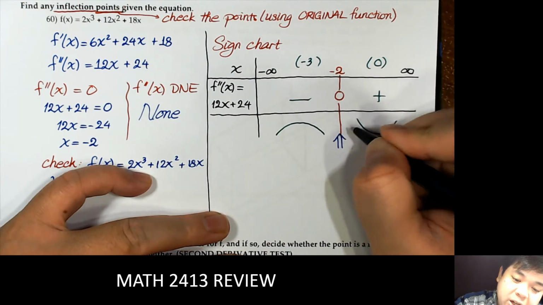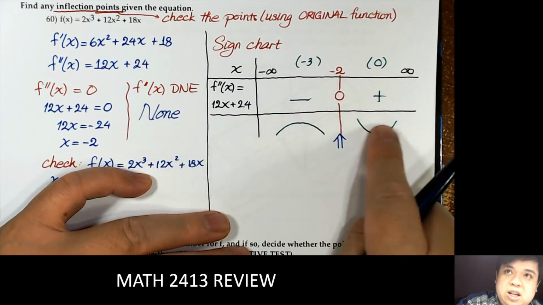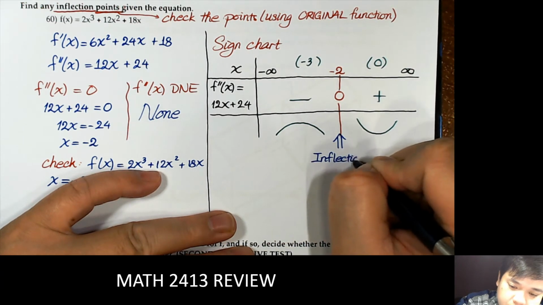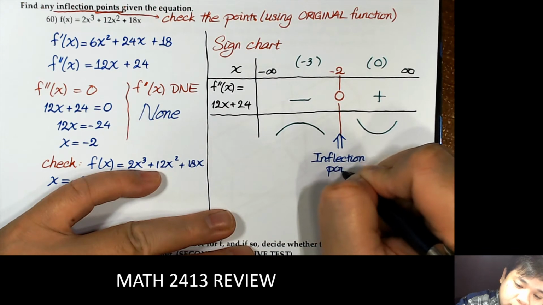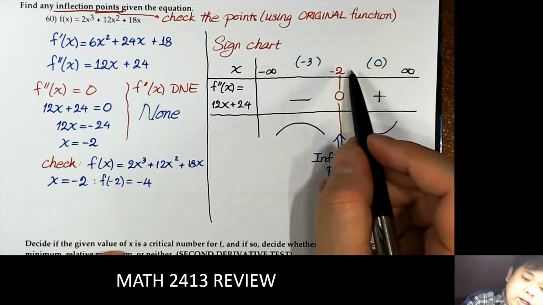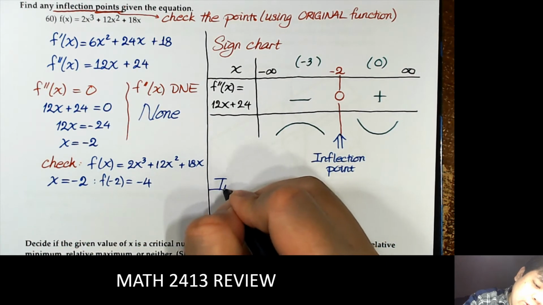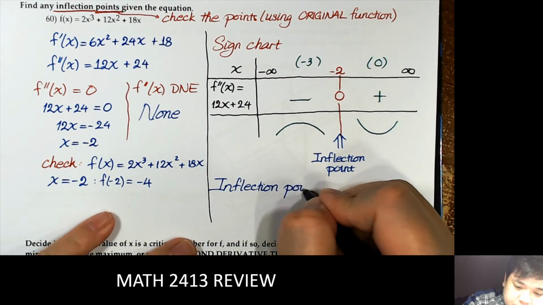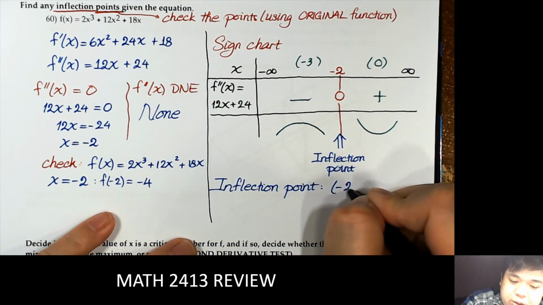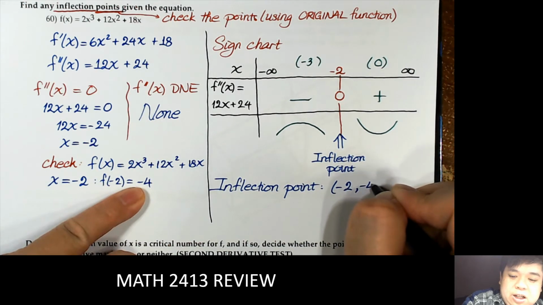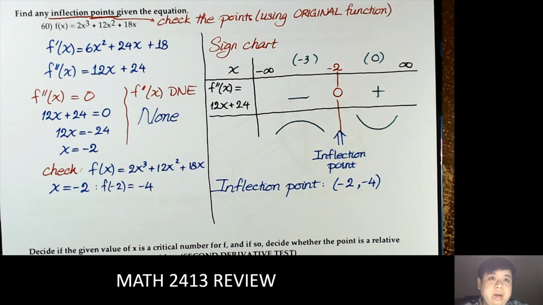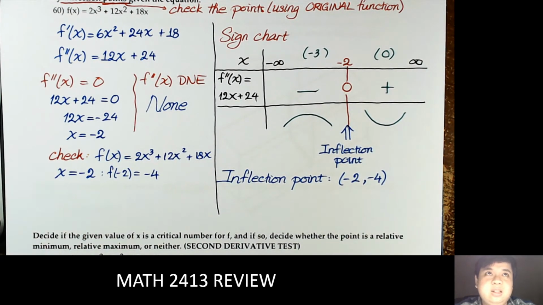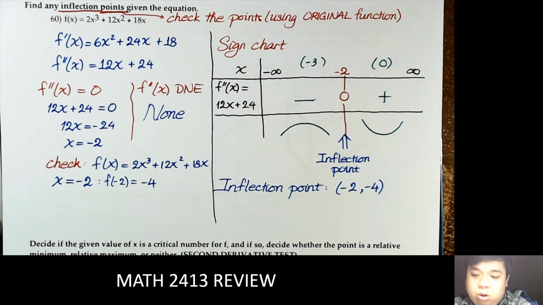So there is an inflection point at x equal to negative 2. When x equal to negative 2, y equal to negative 4. So once again, not only do we check to make sure it is in the domain, we check to get the values, because we use the values later. Alright, so that's what we have.